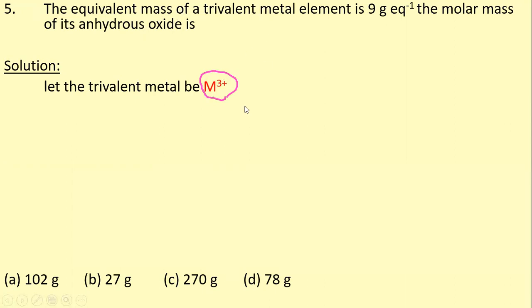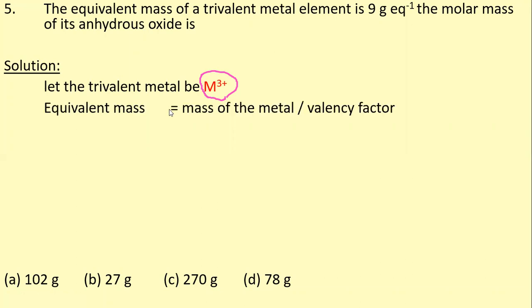So from the data we have to frame the solution. Okay, so now the equivalent mass will be given by mass of the metal divided by valency factor. This you know well. So now in the question they have given 9 gram per equivalent, so that only I have mentioned here. 9 gram per equivalent is equal to mass of the metal divided by valency factor. Here the valency will be 3 plus.